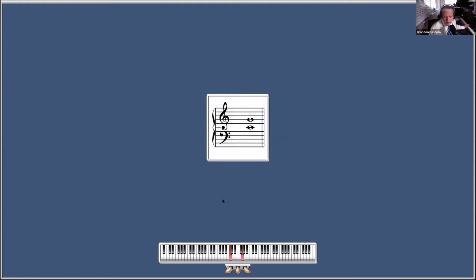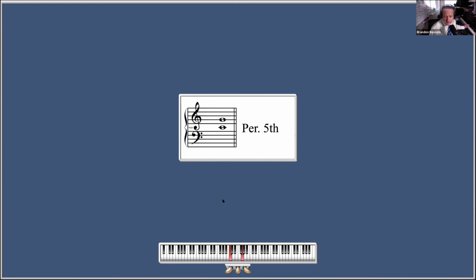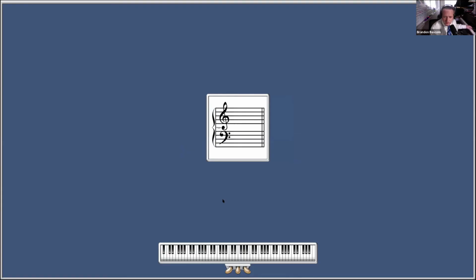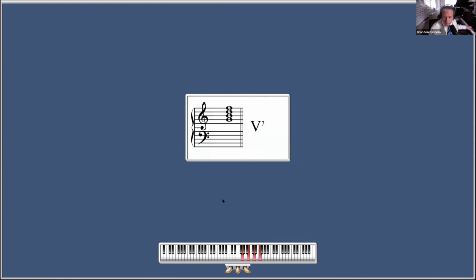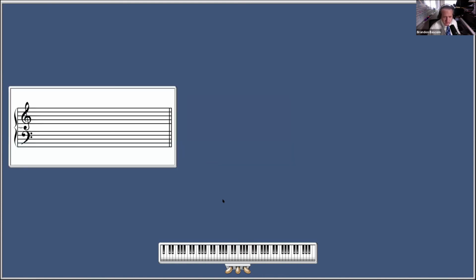You can use it with or without analysis. You can turn the keyboard on or off. You can turn the staff on or off. You can use it in chord mode. You can use it with Roman numeral spelling or jazz chord spelling. You can also use it in scale mode.